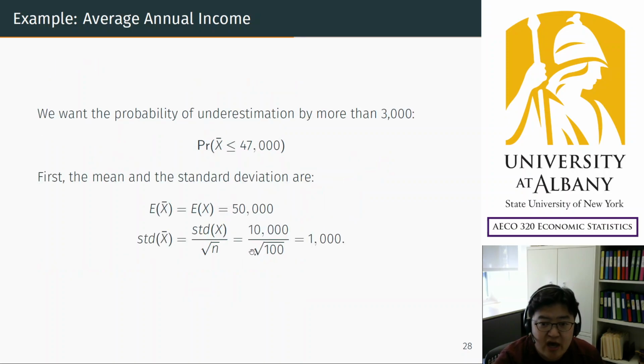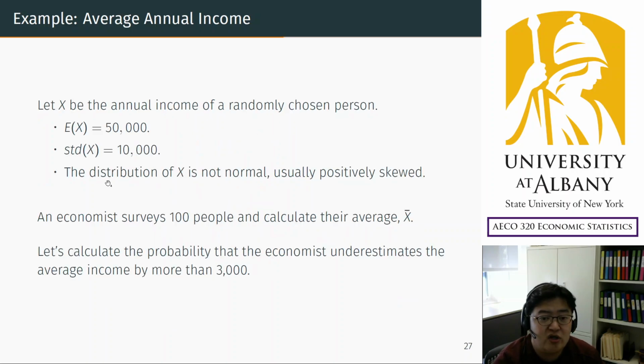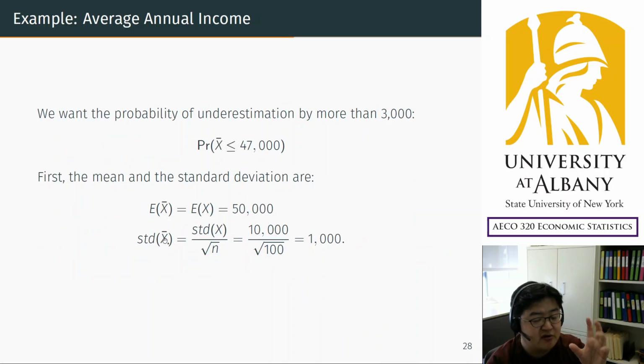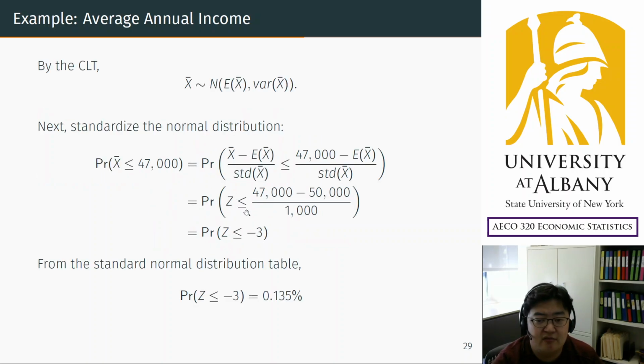Remember, you have to divide it by square root of n, right? What I gave you here is for a single person, not for a survey of 100. So to convert the standard deviation, you have to divide it by square root of n. And then after the standardization, you have z, standard normal distribution z, smaller than -3. Then you use the Excel, the standard normal distribution calculator tells you it is 0.135%.